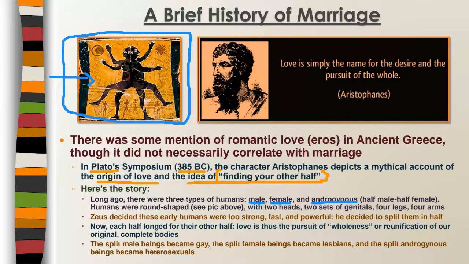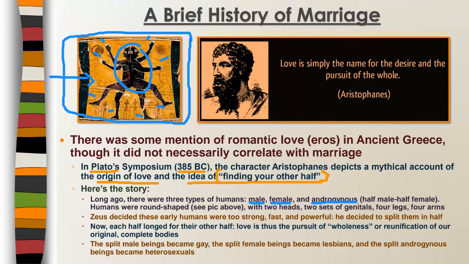Imagine two different people of today kind of melted together on the back. And so every human had 4 arms and 4 legs and 2 heads, right? So 2 genitals, etc. So humans were kind of round shaped back in the day.